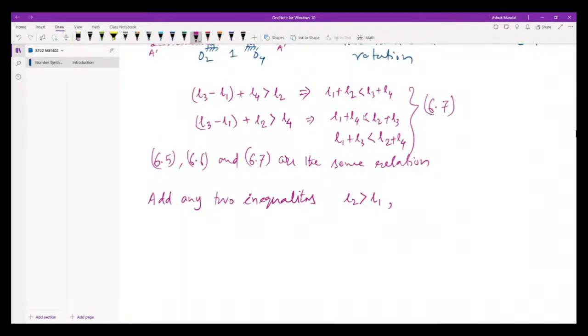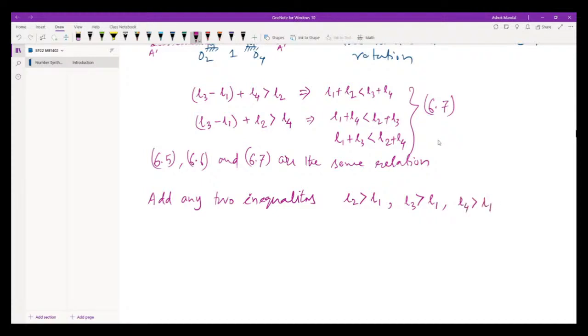Now add these two. I'm not verifying, just add these two and tell me what you get. L3 greater than L1. And now if you add this one and this one, L4 greater than L1.